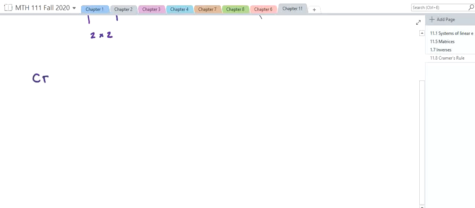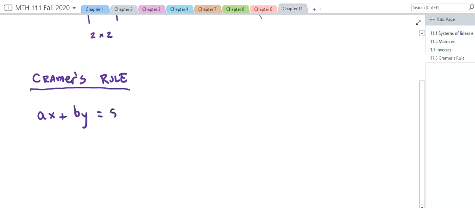So let's look at Cramer's rule now. We're going to use determinants in Cramer's rule, and that's why we talked about them. So if we start with this system of equations, ax plus by equals s, and cx plus dy equals t.